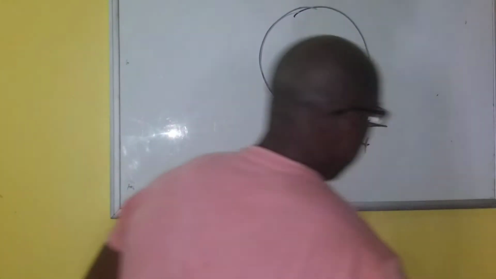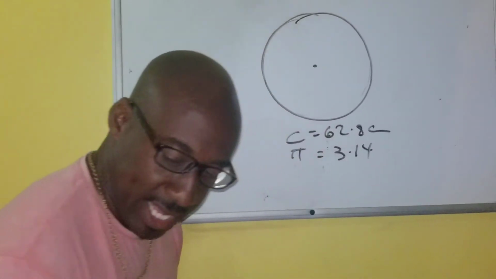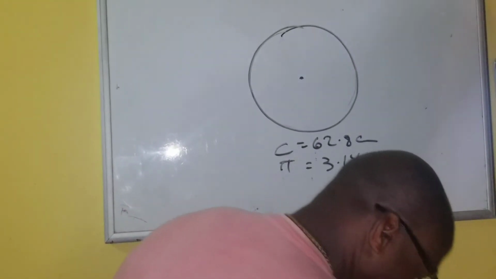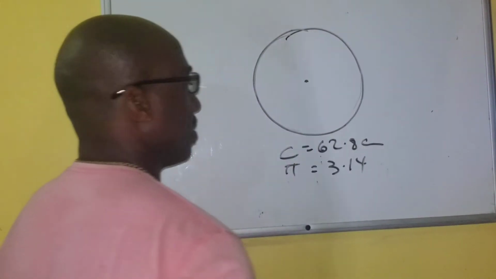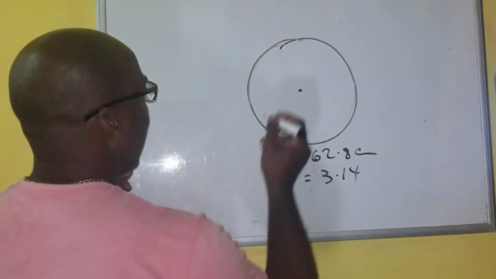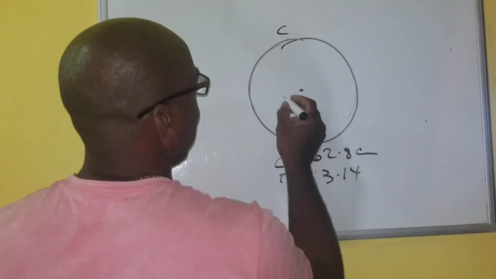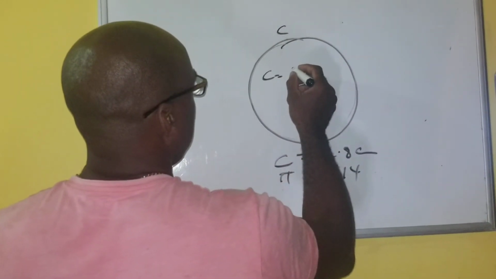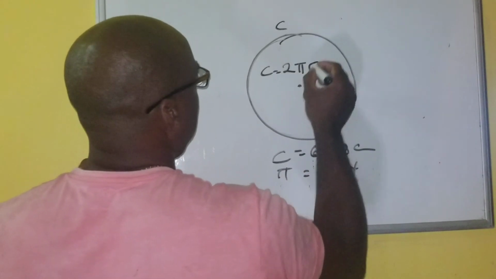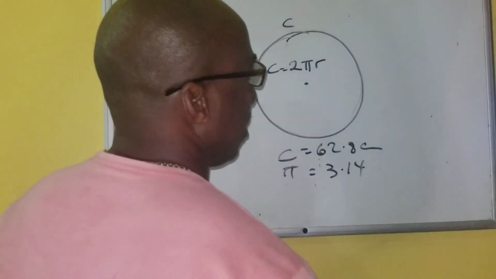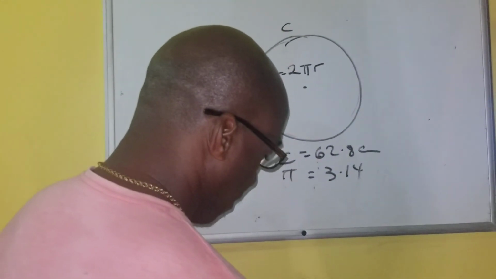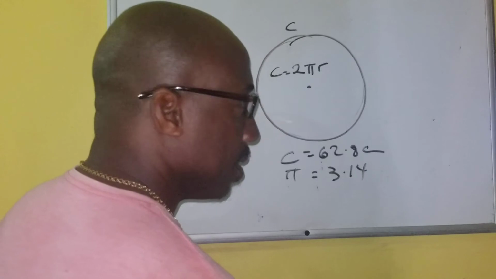Alright? So now, I taught you in class how to change the subject of a formula. The formula is C, you have to say that, right? C equals what? 2 pi r. That is C. You follow me?